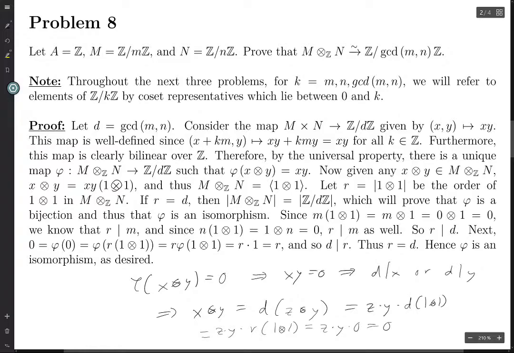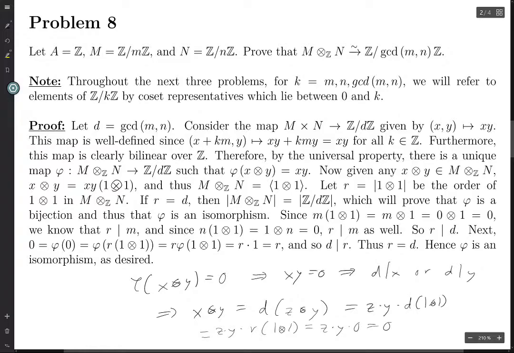Next, you have 0 is phi of 0, which is phi of r times 1 tensor 1, and because of linearity, you can bring out the r, and this is just r times 1, which equals r. This is taking place in z mod dz, because here we're thinking of phi of 0 and r as elements in the image of phi, which is z mod dz.